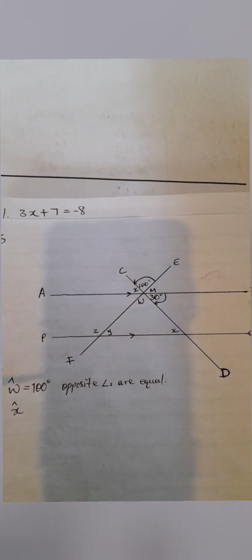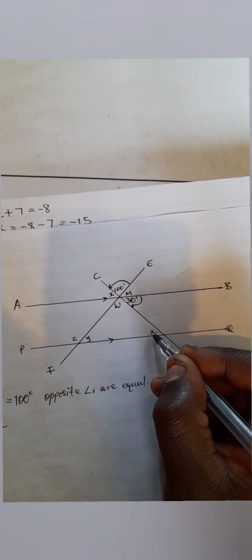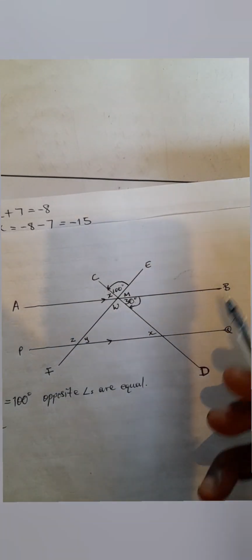Okay, your X, this one, which was originally here, is equal since line AB and line PQ are parallel. Okay, those are the reasons. AB is parallel to PQ, right?